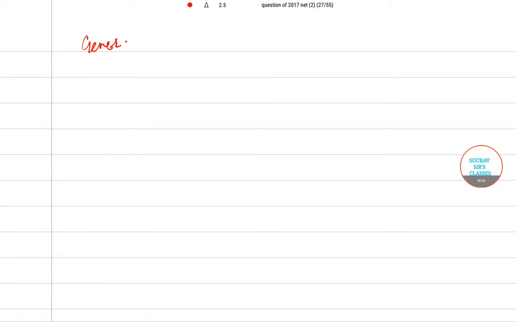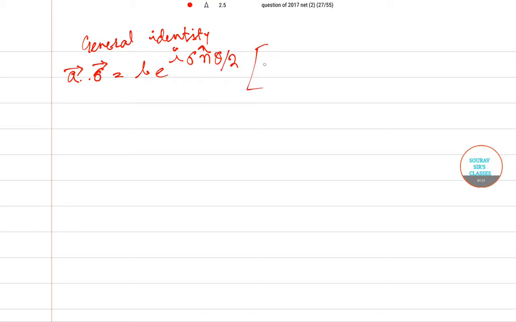The general identity is e to the power i sigma dot n cap theta by 2, into A vector dot sigma vector, into e to the power minus i sigma dot n cap theta divided by 2, where this is n cap.